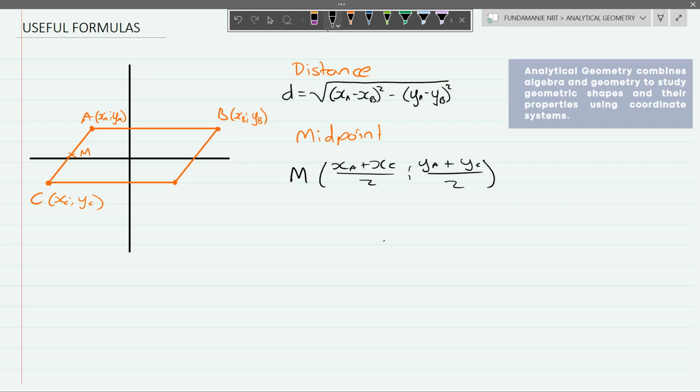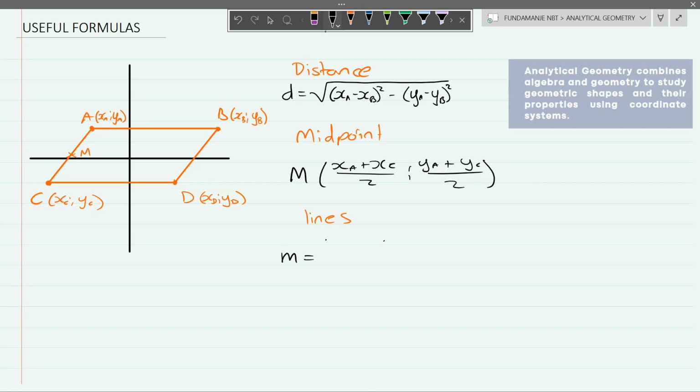Then we have lines themselves. These are straight lines. We can find, let's say, the gradient of BD, so this would be XD and YD. All these are standing in place for actual coordinates or actual values. We have a lot of rules on lines. We can calculate the gradient of lines.